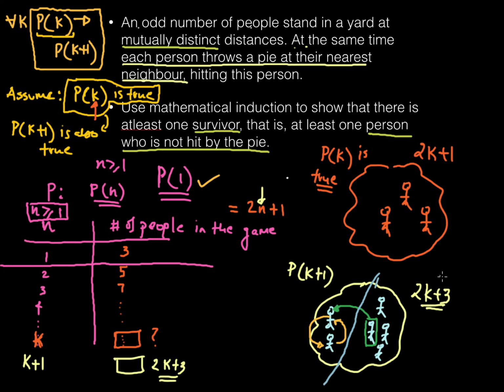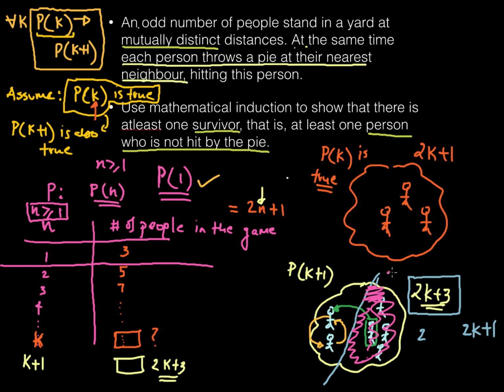So I have a total of 2k plus 3 people. 2 of these people are over here, and the remainder, 2k plus 1, are on this right hand side here. Now the number of pies that actually end up in this entire pink region, the number of pies that are thrown in this pink region were actually how many?